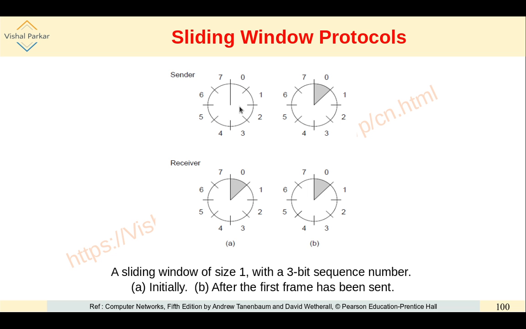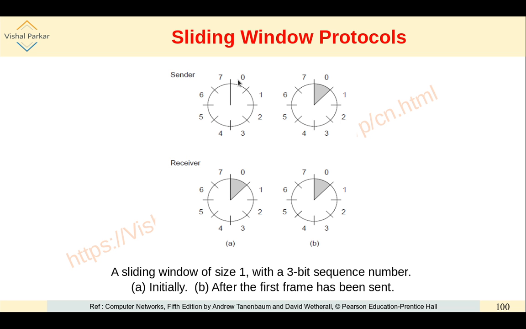That means only one frame can be in the sliding window. Once again, the sliding window will be checking one single frame at a time. That means the sliding window of size 1 with a 3-bit sequence number. That means the sequence number can have 3 bits, so it can go from, let us say, 0 to 7.